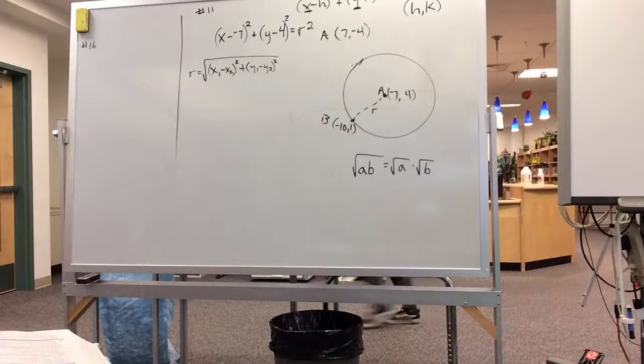This is a negative 10 subtract negative 7. Or if you're negative 7 subtract negative 10. Negative 9 plus whatever that other one is. It's 9 again, isn't it?